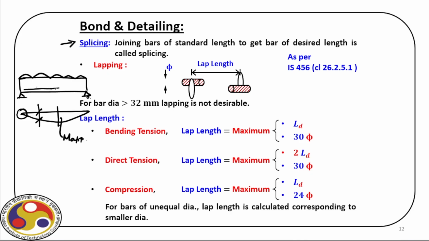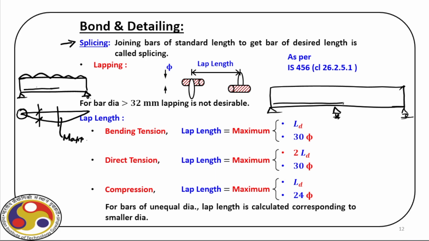Now, there is another issue. Sometimes we have, say, a large beam and then we have intermediate supports. So we need to provide these rebars, and obviously for this type of beam, we will have hogging moment at the support.